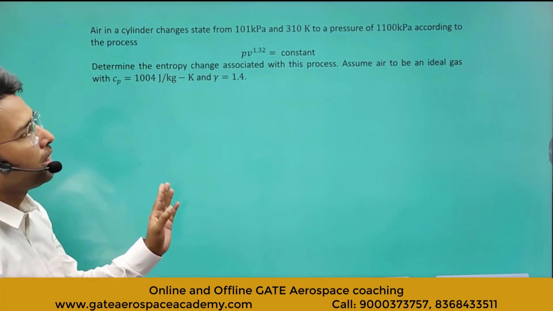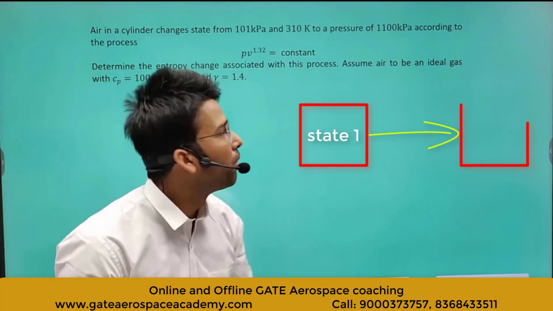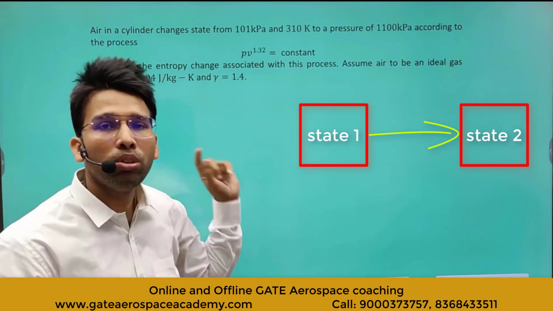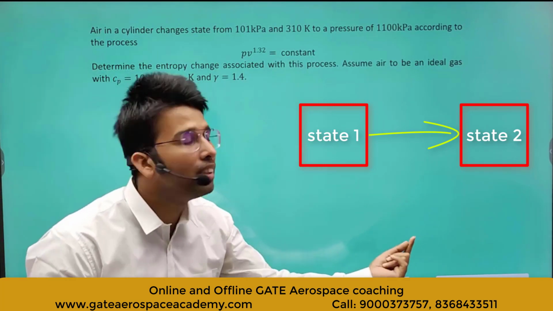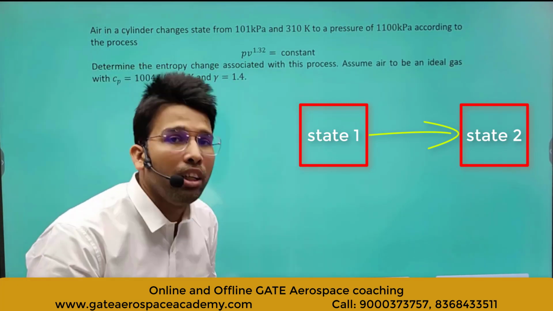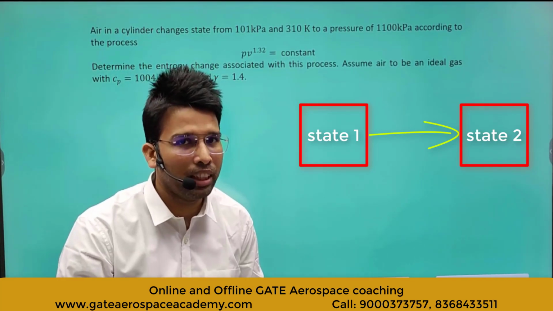So the system is changing its state from state 1 to state 2 by polytropic process defined by n equal to 1.32. For this path, this n is given, right? So to find out the change in property, we have to apply polytropic relations, right?